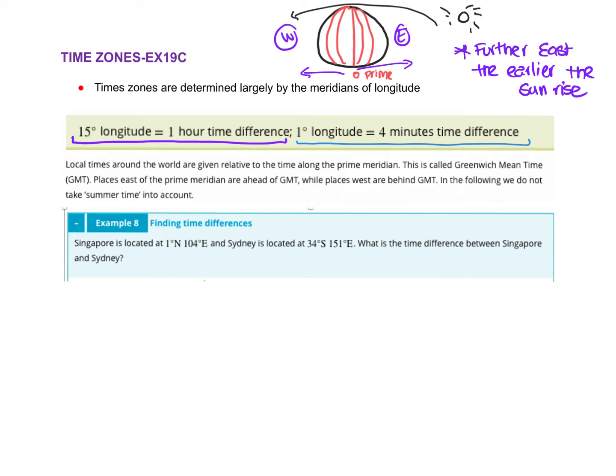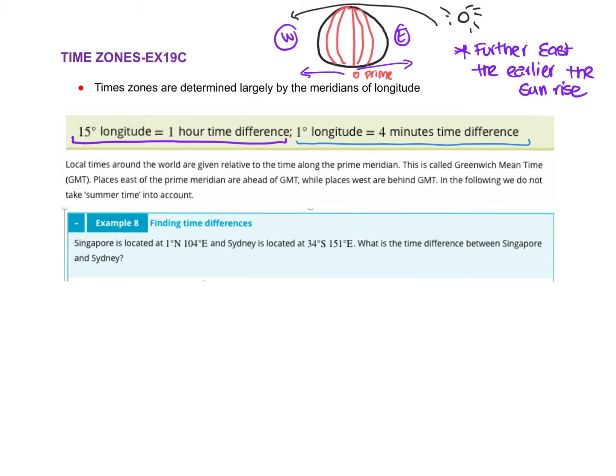So if you're east, you're ahead of time, and places west are behind, further behind the east countries anyway. So we do note for the following questions, we're keeping it really simple. Of course, there are other factors, like summer and longer days, but we're not taking into account summertime.